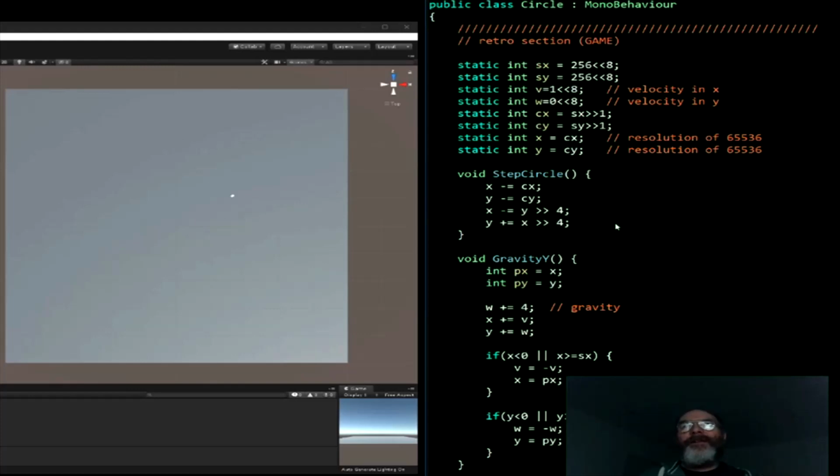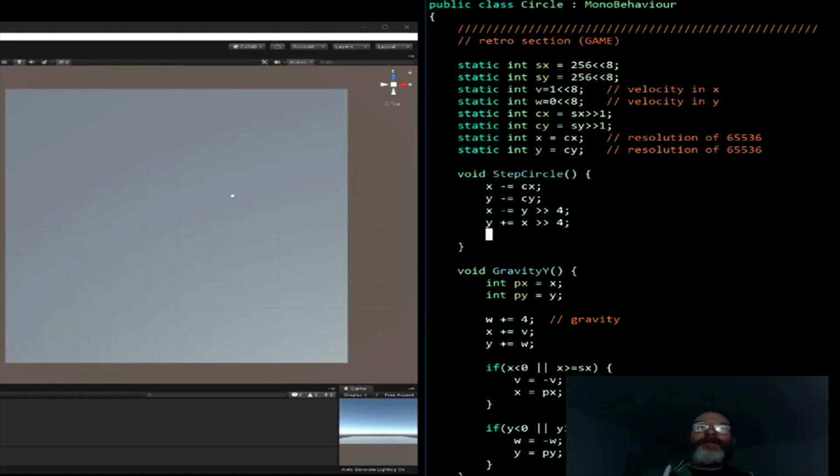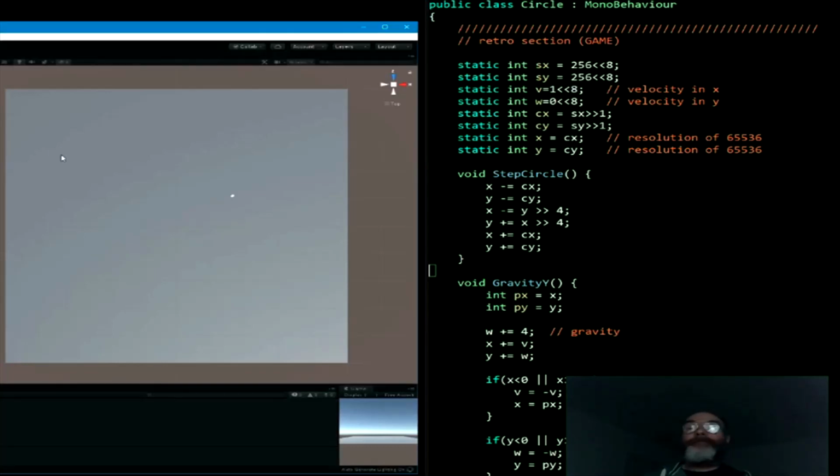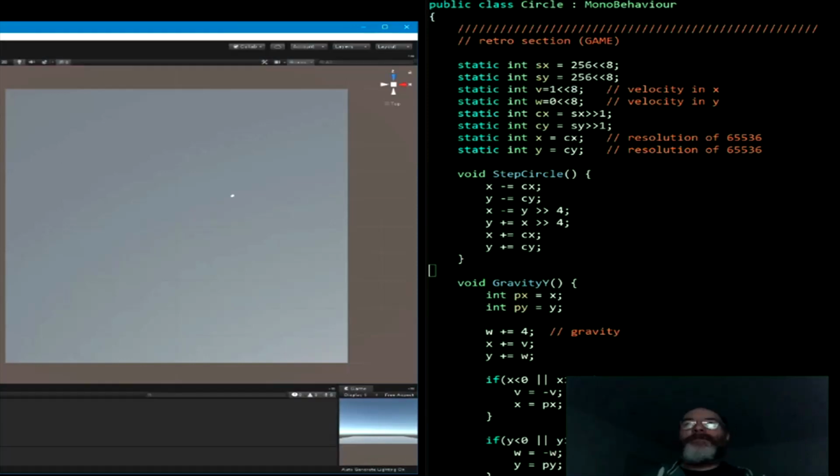You'd always do that when you were trying to save memory and CPU cycles. So there we go. I subtract the center, I do the rotation, and then afterwards I have to add the center back again. This should, in theory, now be a rotation, stepping the circle around any point, in this case, the center of the screen.